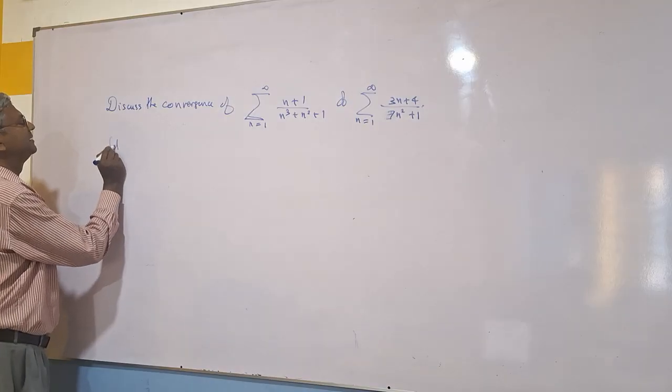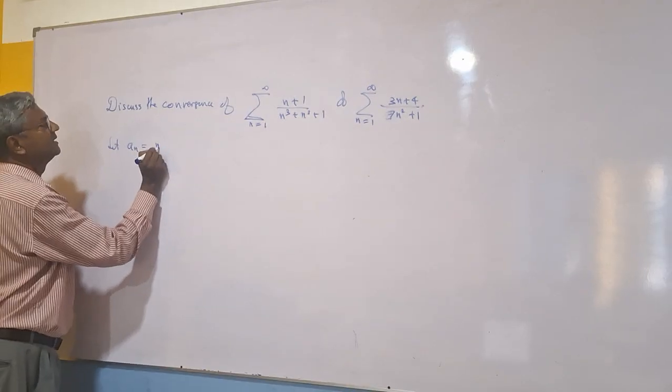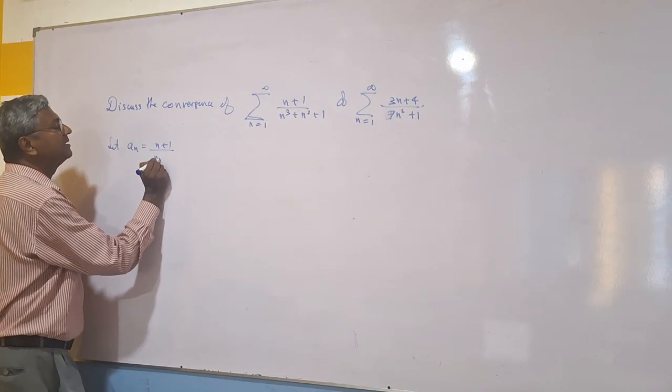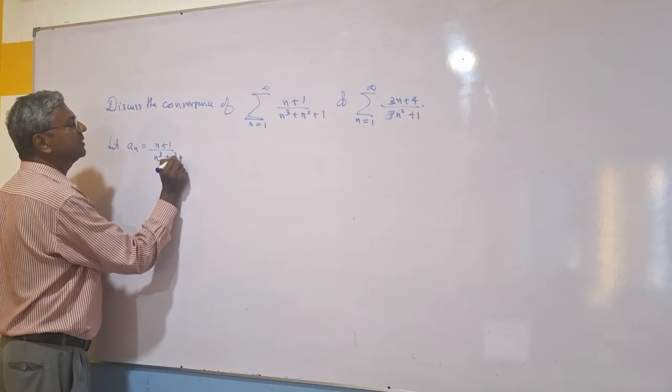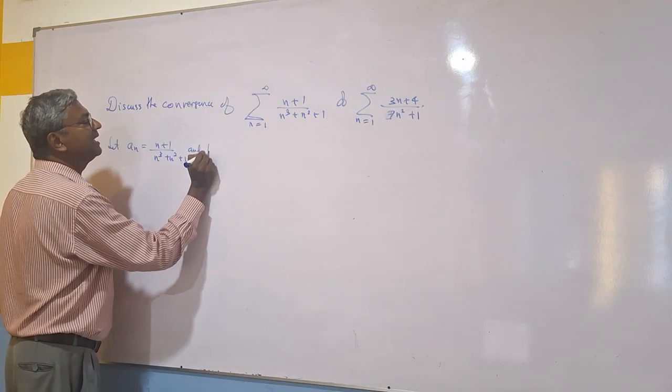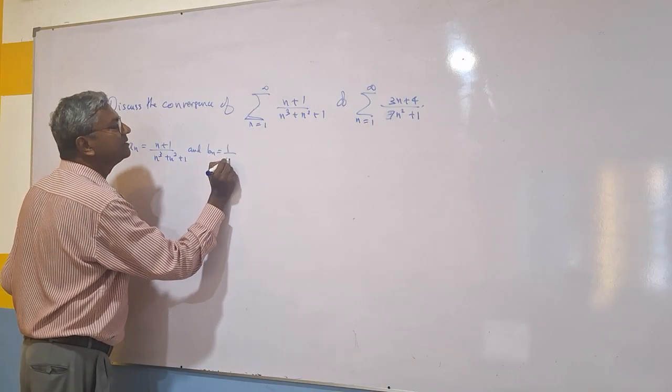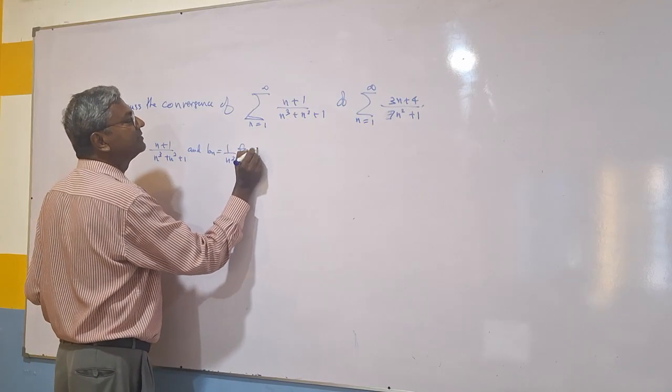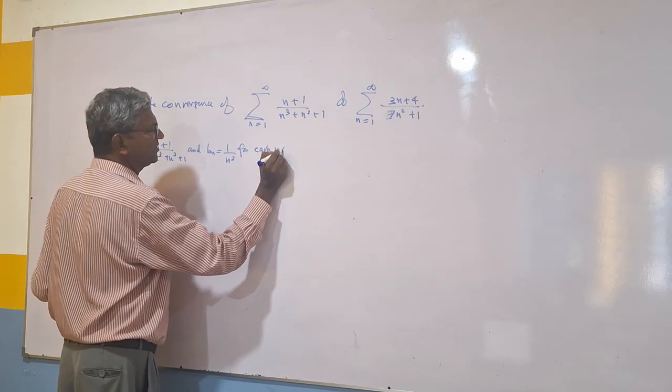Let an be equal to n plus 1 divided by n cube plus n square plus 1, and bn is equal to 1 over n square, for each n belongs to Z plus.